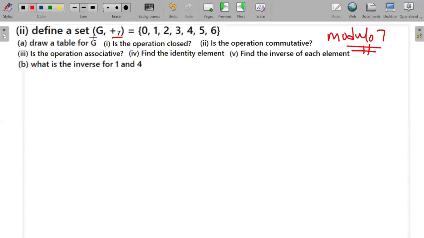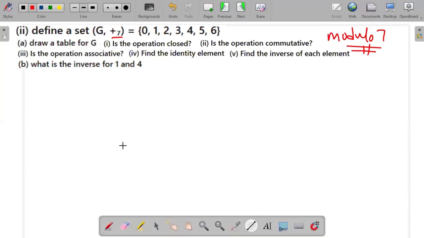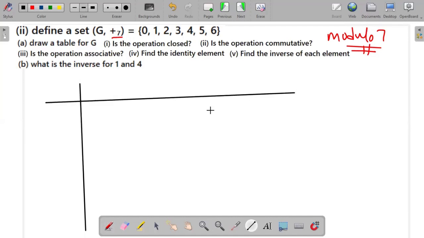Construct a table for G. So how are we going to construct that table? I'm just going to construct a table like this. Here I'm going to put plus and then 7, simply meaning modulo 7.